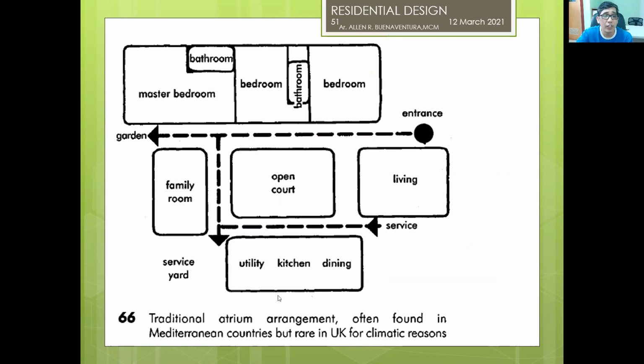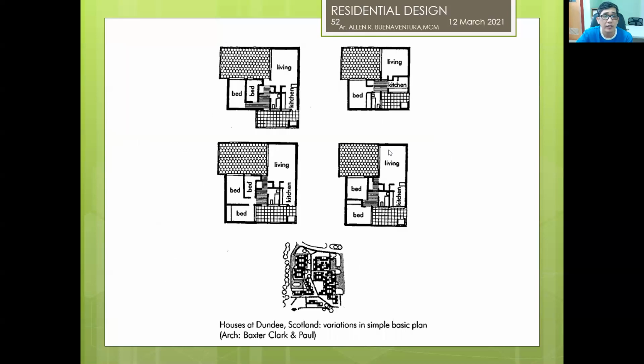So traditional atrium arrangement is often found in Mediterranean countries but rare in the UK for climatic reasons, because in the UK there is snow and very cold weather, so the open court will only give problems to the cooling system or the warming system of the residents.